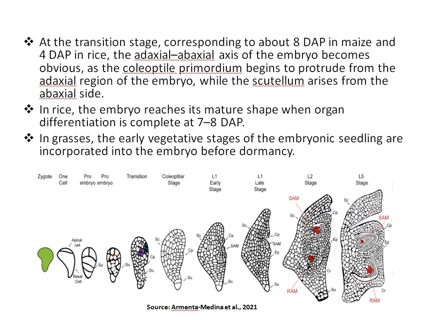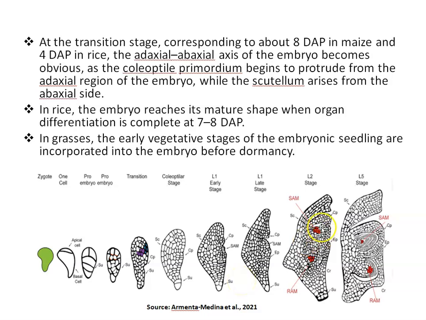In rice, the embryo reaches its mature shape when organ differentiation is complete at 7 to 8 days after pollination. In grasses, the early vegetative stages of the embryonic seedling are incorporated into the embryo before dormancy.